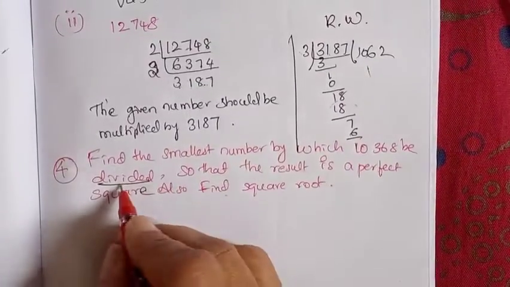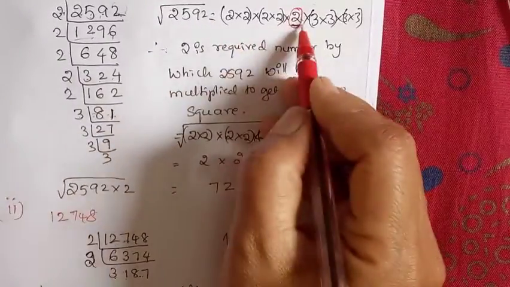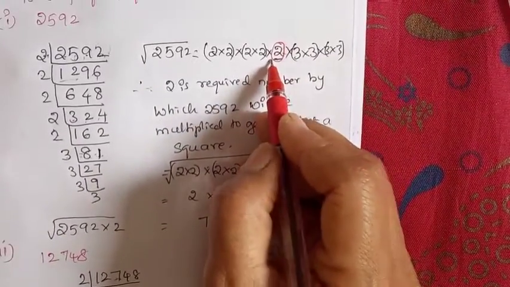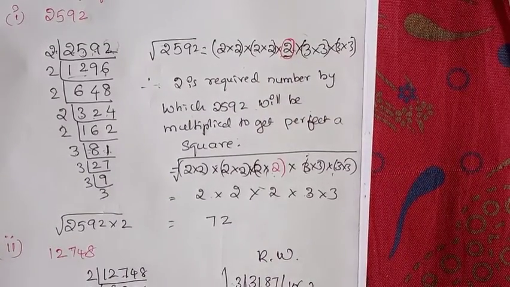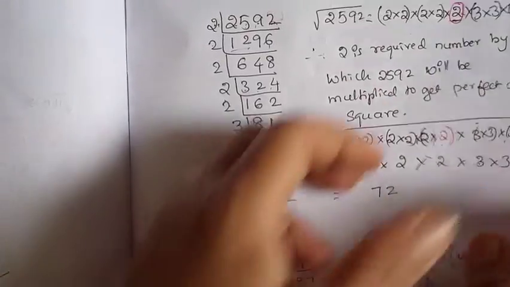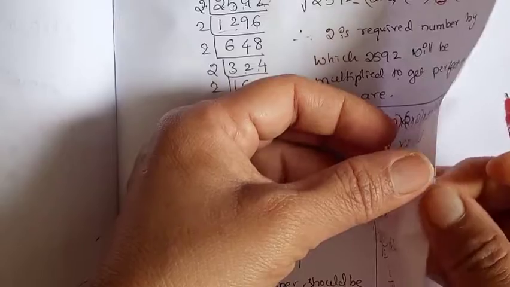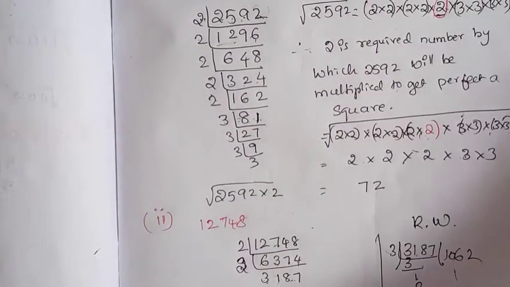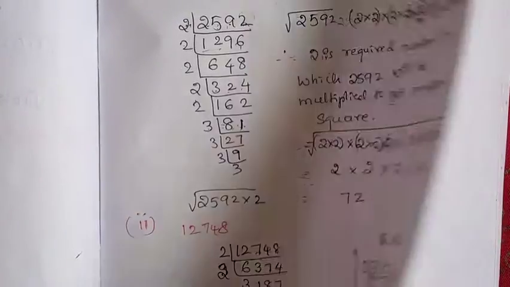Here in the question, which number should be divided? The same procedure: the number which is left over single will be the divisor to get a perfect square. If multiplication, you multiply with the same number; if division, the single digit left over after pairing is the number to be divided. Now we'll start the prime factor method.